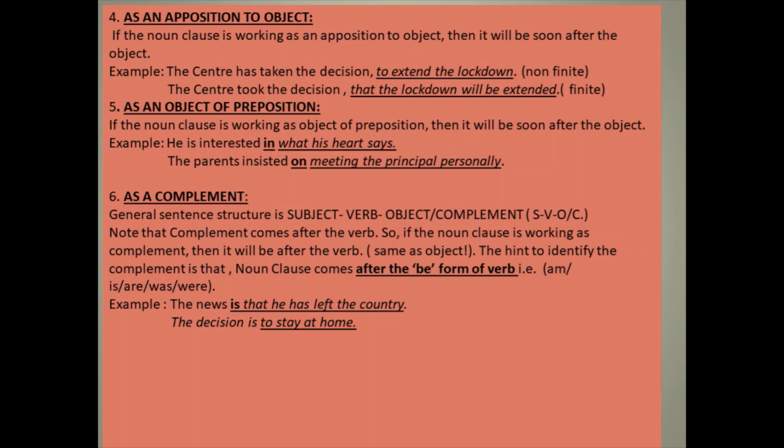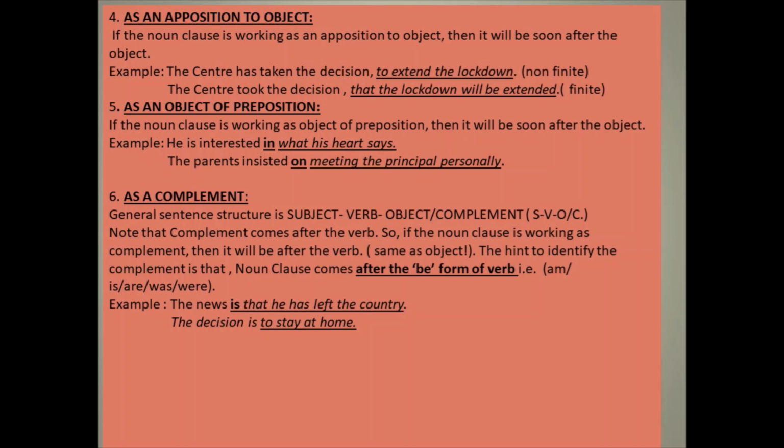Now if the noun clause is working as an apposition to the object, you will have that after the object. For example, the center has taken the decision to extend the lockdown. You have a clause there. Center has taken the decision.